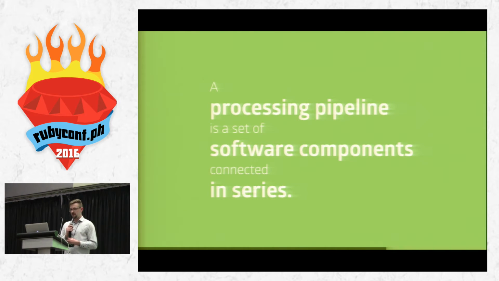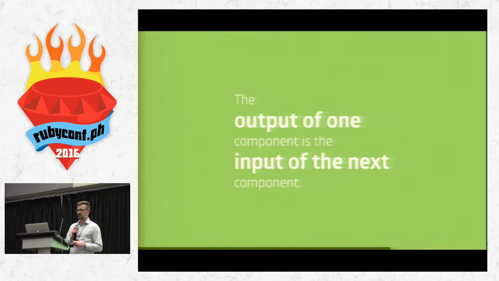And so in this case, we speak often of a processing pipeline, which is simply a set of software components connected in series. And the output of one component in such a pipeline is the input of the next component. Meaning, the input of the entire pipeline is what the first operation in the pipeline gets as the input, and the output of the last operation in the pipeline will be the output of the pipeline itself.